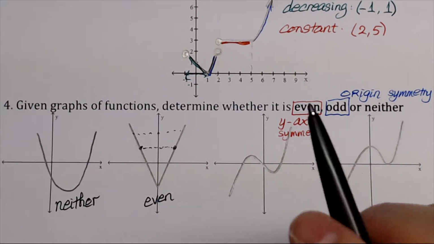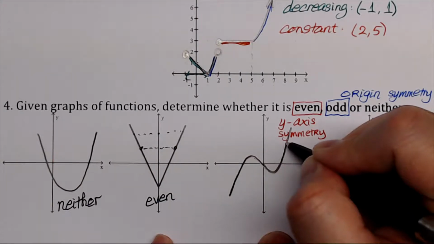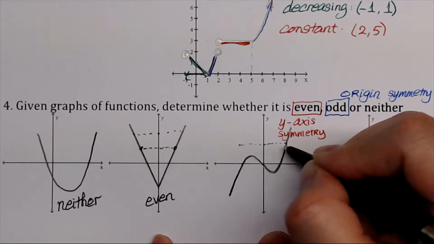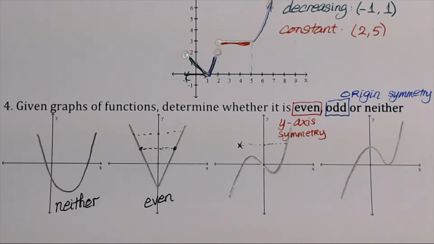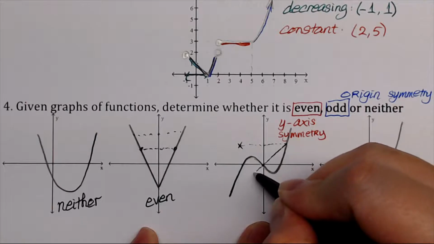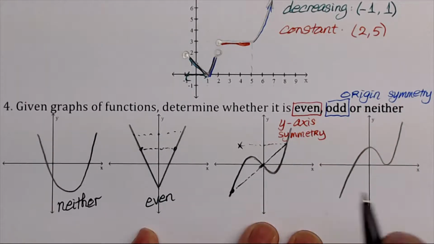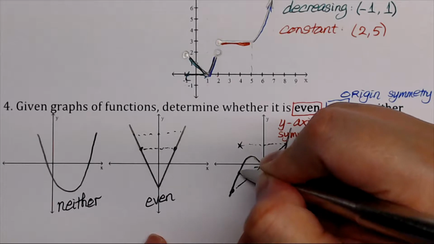Right. Next, this one obviously is not y-axis symmetry. A point here, go across the y-axis, there's nothing on the other side. What we have is, if we go across the origin, there is a point on the graph. So if we have a point and we go across the origin, we have another point.